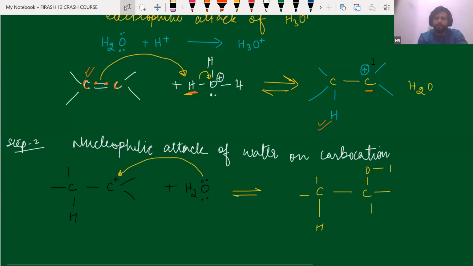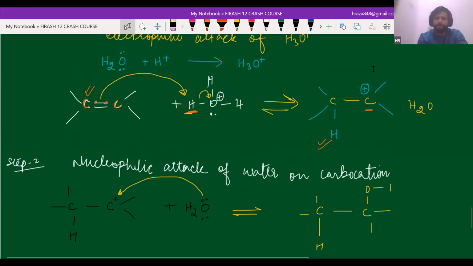And since oxygen has donated one of its electron to carbon, oxygen will have positive charge. Is that clear?